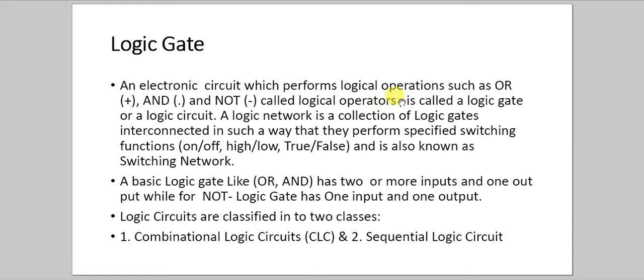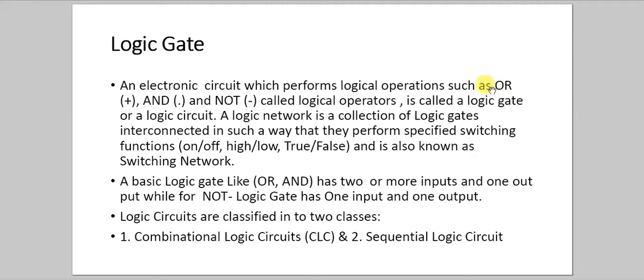That is addition, subtraction, and multiplication. It's called a logic gate because it is actually a symbolic representation of an electronic circuit which performs these logical operations. Operations include OR operation, AND operation, NOT operation.